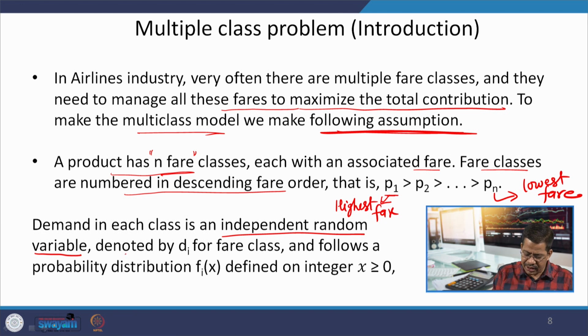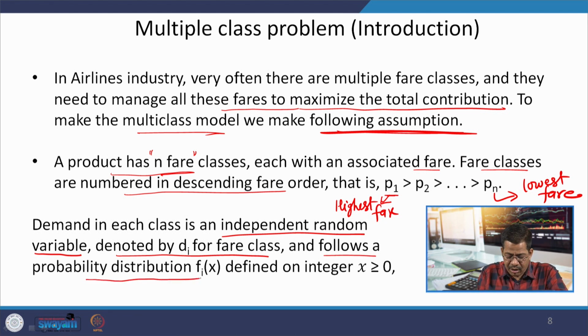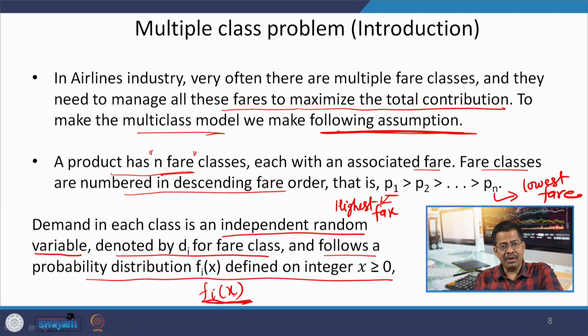Each fare class has demand denoted by Di, which follows a probability distribution fi(x) defined on integer x greater than or equal to 0.